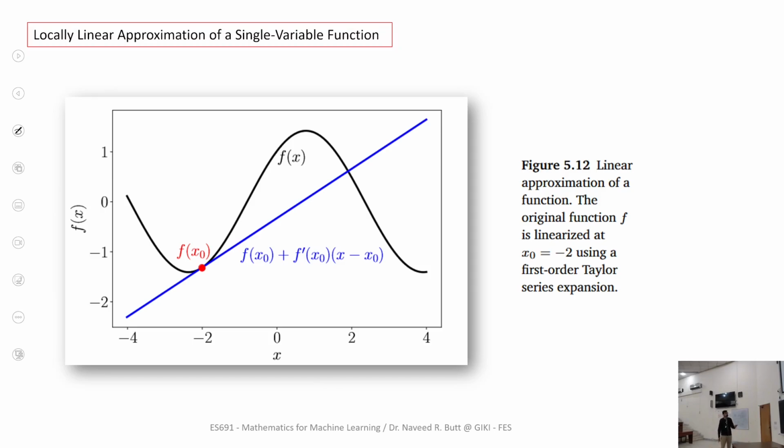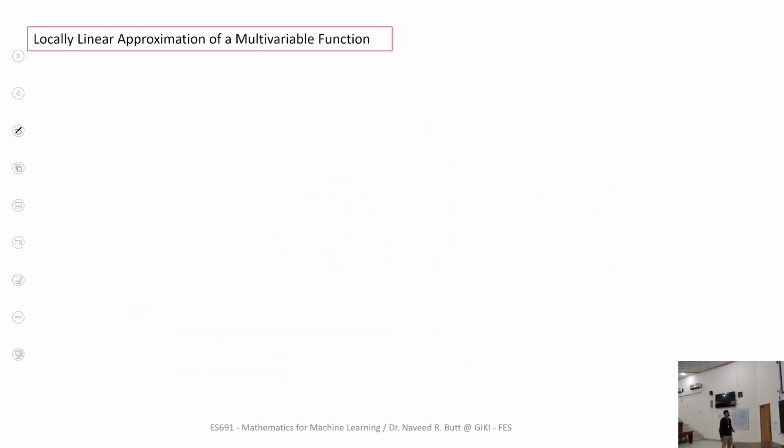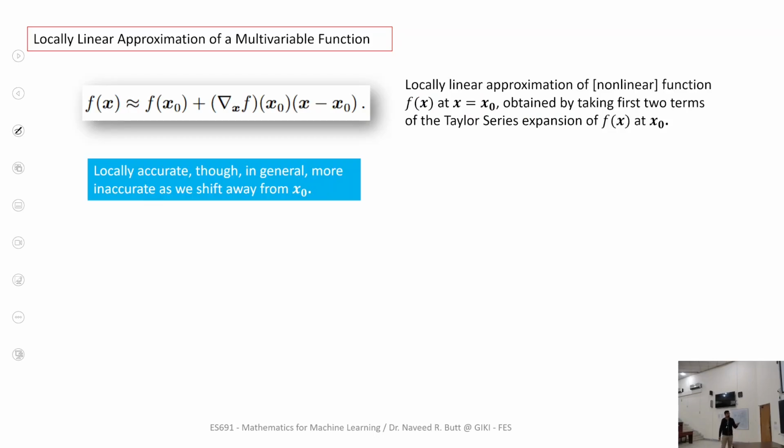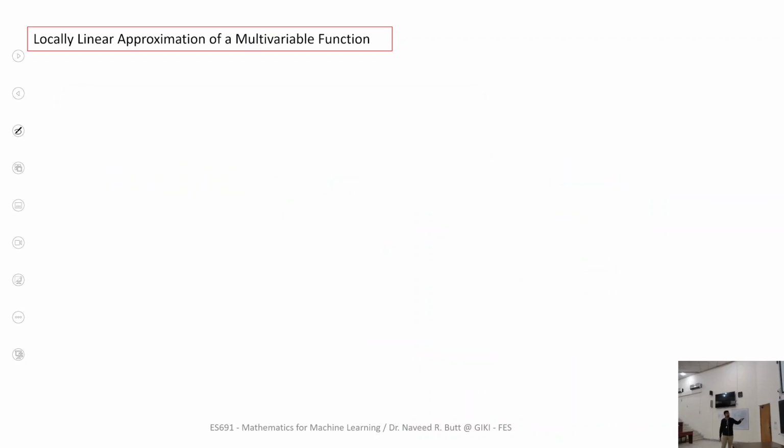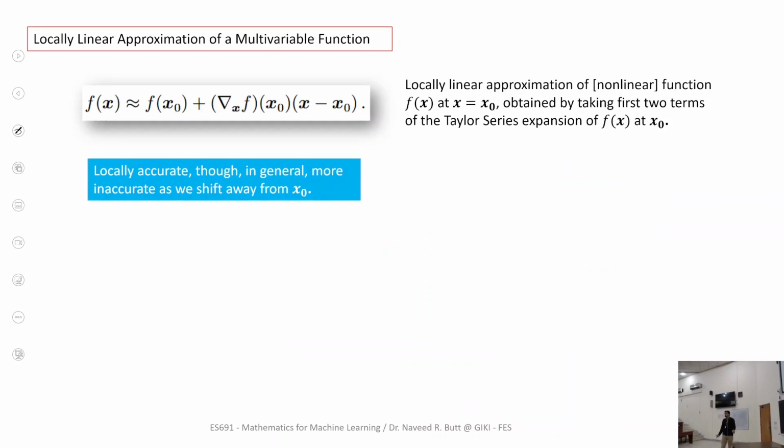Locally linear approximation of a single variable function is well known. For the linear approximation of a multivariate function, there you had the derivative f prime x naught, now just replace it with the gradient. Why is it linear? Because you take the Taylor series but stop at the linear term, constant plus first derivative.